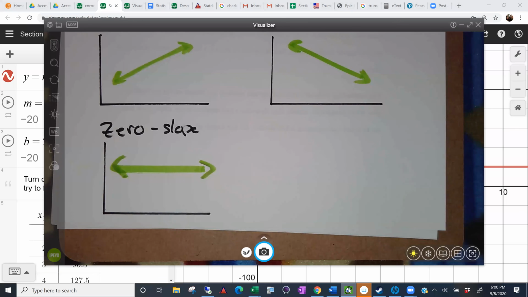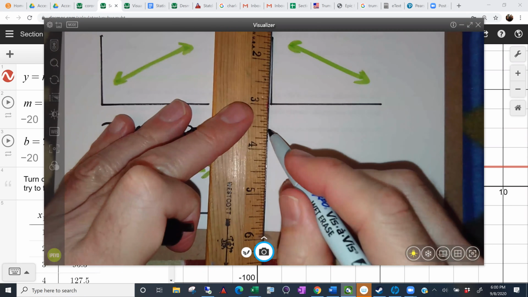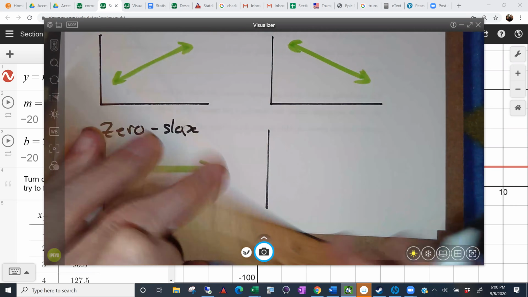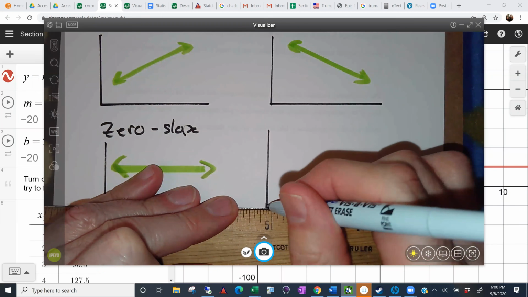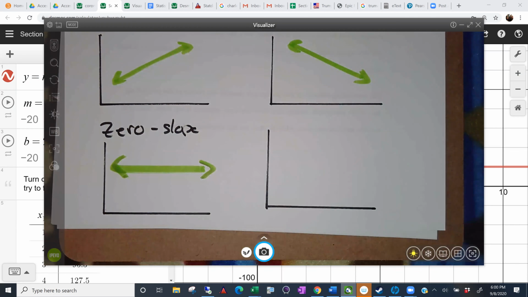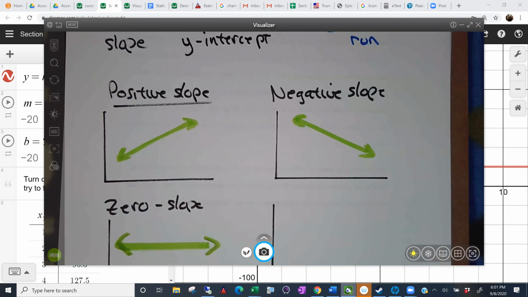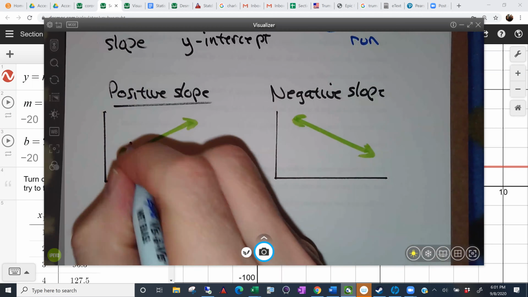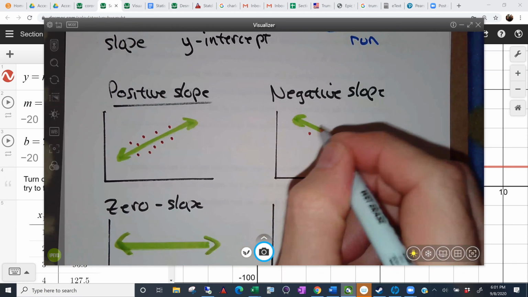Now there is one other thing that can happen with our data that's a little bit beyond our course, but still can happen. Keep in mind we're looking for a linear relationship, and by that I mean something that can be summarized by a line, so that you have data that are scattered around, like this or like this.